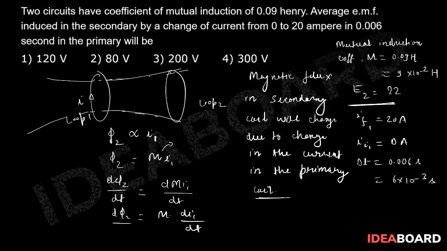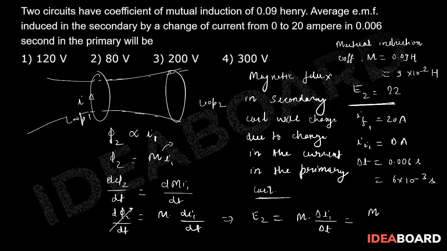This will be d phi 2 by dt. Now we are very clear that d phi by dt is the rate of change of flux, which is nothing else but EMF E2 in the secondary coil, and this will become M delta I upon delta t.